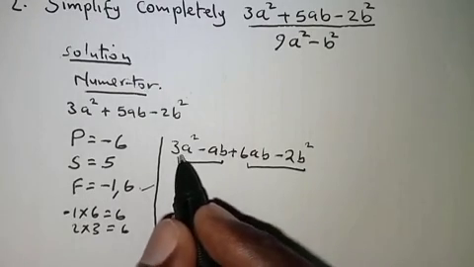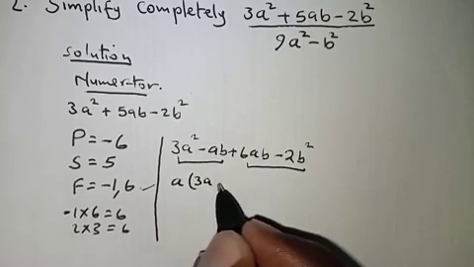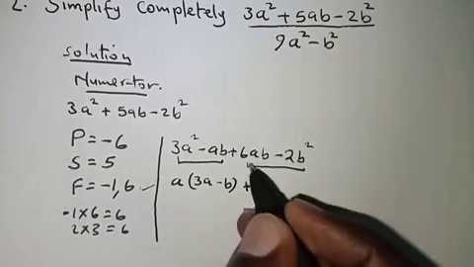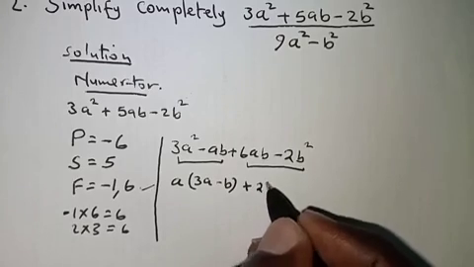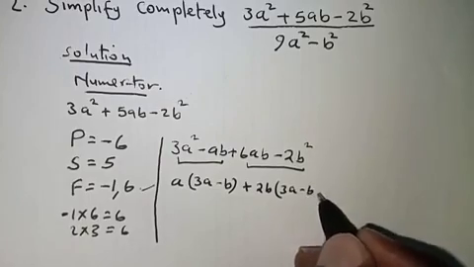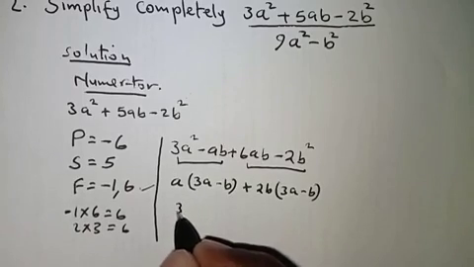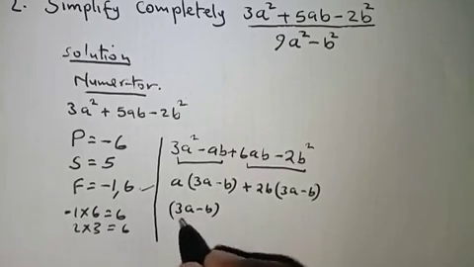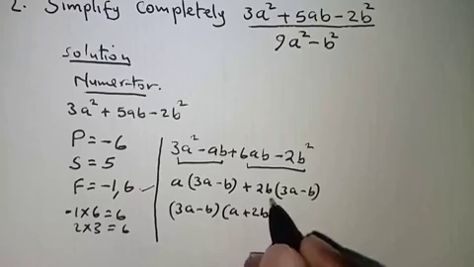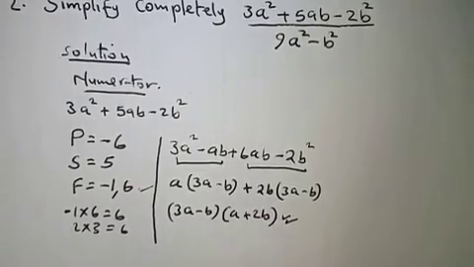Here the common factor is a into 3a minus b, plus here the common factor is 2b into 3a minus b, so that we have finally 3a minus b factored out into a plus 2b. This gives us the numerator.